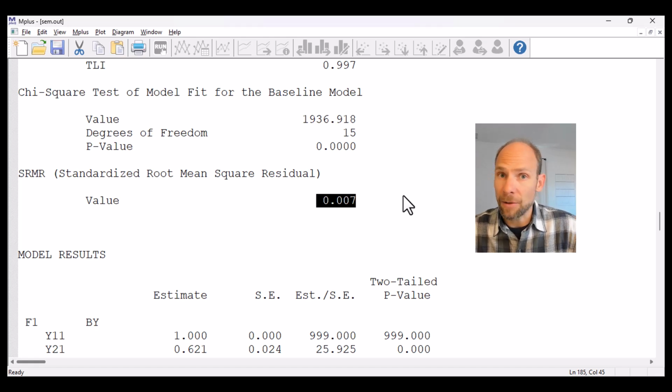It hasn't been falsified, so we can go ahead and interpret the parameter estimates as long as those also look like they are all reasonable, nothing abnormal, no abnormal standard errors. That's also something that we would check even if we find a well-fitting model, because there are situations where a model fits the data very well, but it is over-parameterized, for example, so that you get standard errors that are abnormally high.